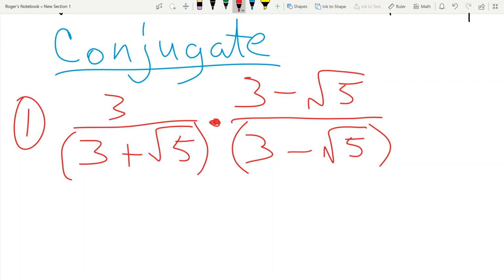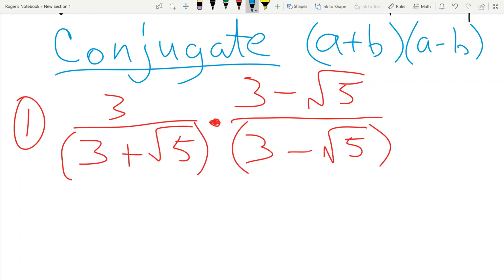You remember? It is the difference of two squares. So if you recall, we had something that looked like this: a plus b times a minus b. What's that equal to? a squared minus b squared.